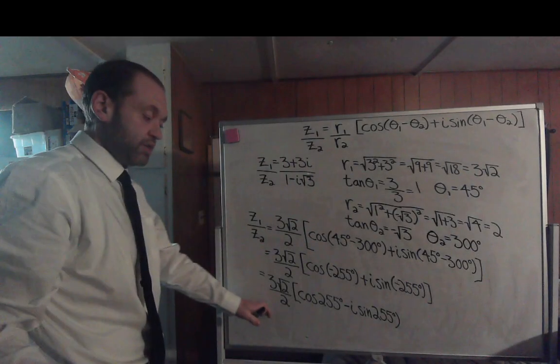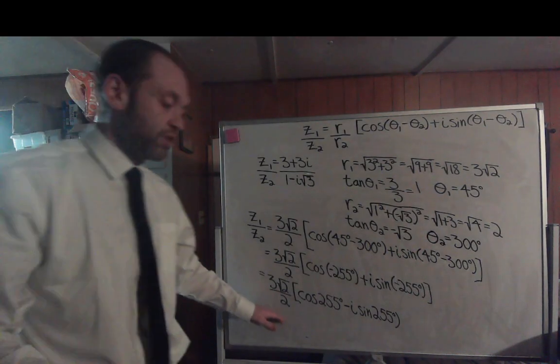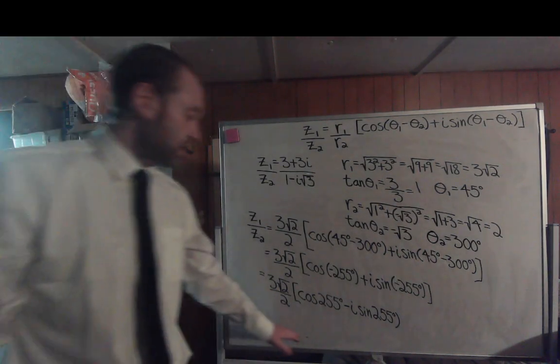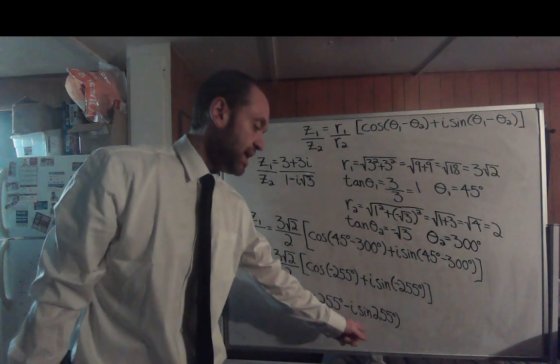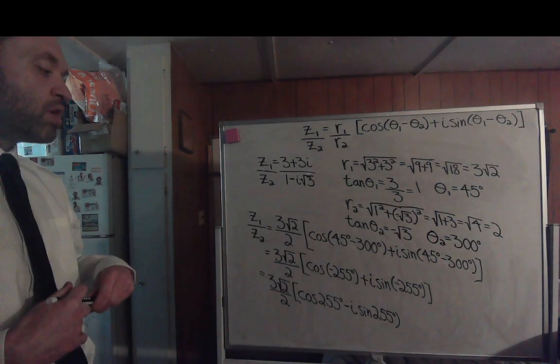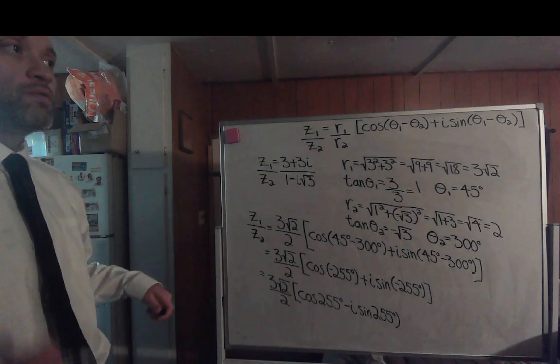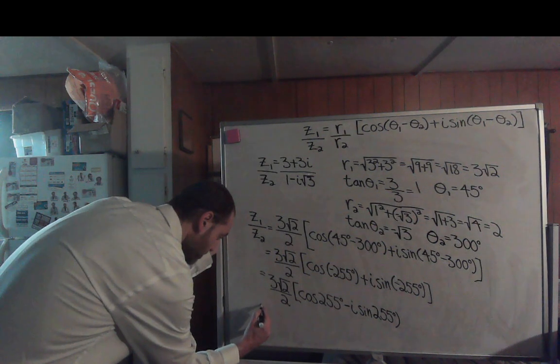And if you wanted it in trig form, you could leave it that way. You'd end up getting 3 times the square root of 2 over 2 times the cosine of 255 degrees minus i times the sine of 255 degrees. But we're going to actually go for decimal approximation.